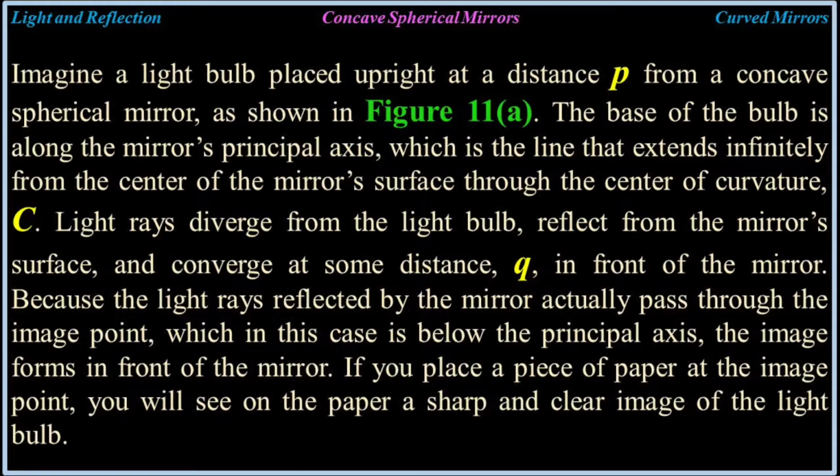Because the light rays reflected by the mirror actually pass through the image point, which in this case is below the principal axis, the image forms in front of the mirror.